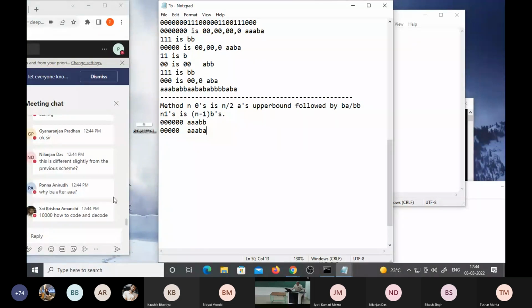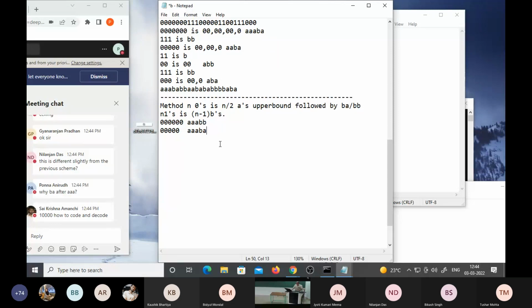The reason is this. BA tells that the number of zeros is odd, and BB tells that the number of zeros is even. Is it correct? Yes. For the time being, assume that in the beginning, single one is not there.